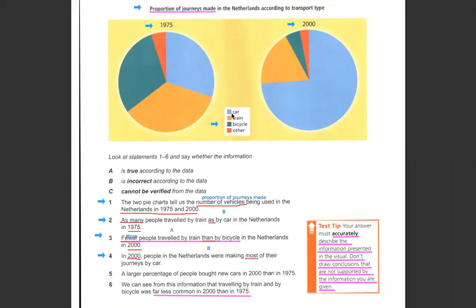So did most people take their journeys by car in 2000? All right, so this is definitely A. All right, it's quite easy to see. Look at blue, which is for car. This takes most of the pie chart. So this means most of the journeys were by car. All right, next, number 5.